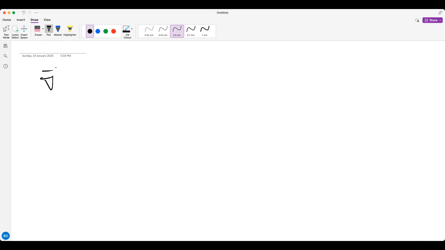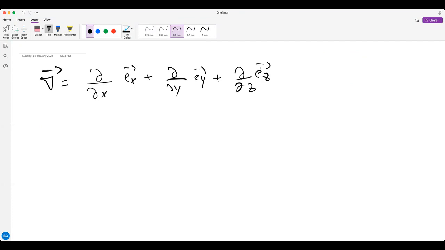So nabla is an operator. It gives you the following: x ex plus y ey plus z ez.